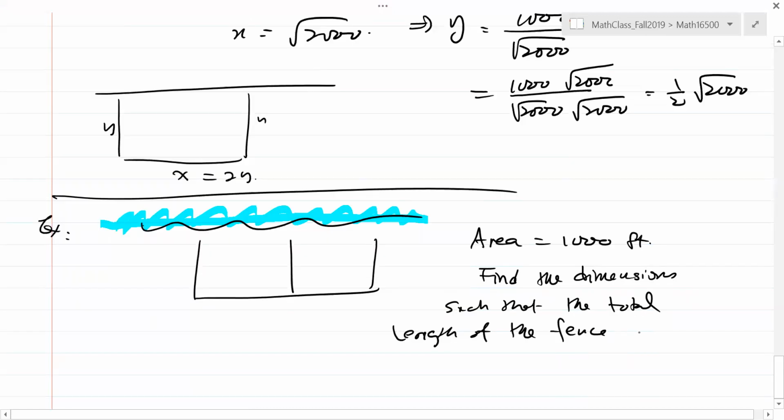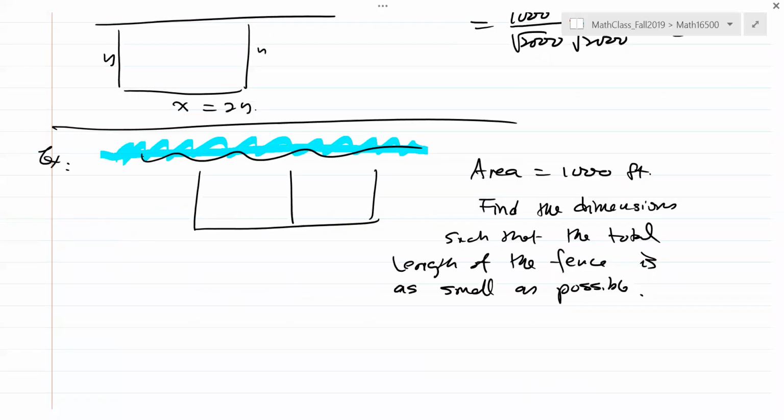Okay, so it's as small as possible. Yeah, maybe I put 2 bars in the middle. You know, but you should know the idea, okay, how to set up.